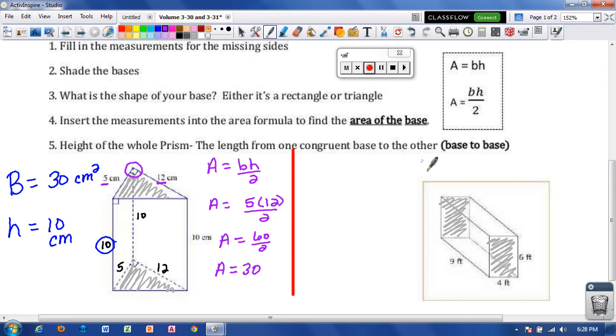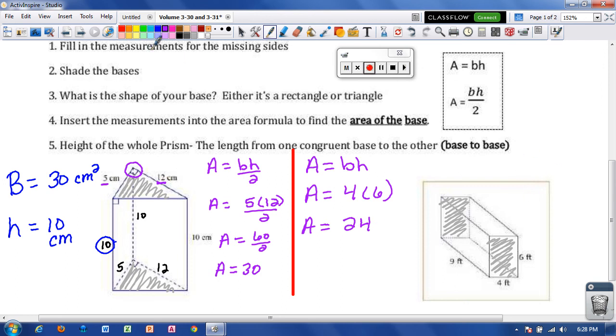Now I want to find the area of the base. Well, we know it's a rectangle, so we know that we need area equals base times height. This base has a base of 4 and a height of 6. So that would be 4 times 6, and we know that 4 times 6 equals 24.